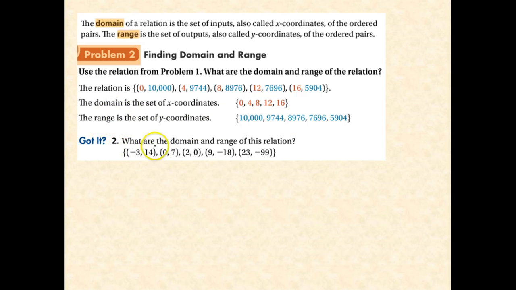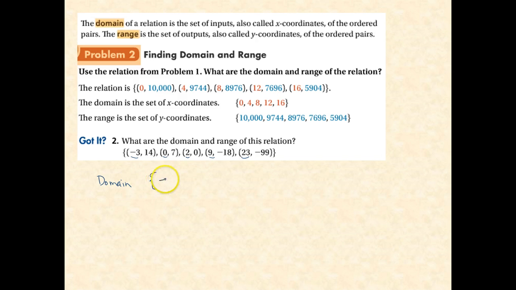Alright, so what are the domain and range of this relation? Alright, the domain is the set of all the x-coordinates. And we generally try to put them in order from least to greatest. So I got -3, 0, 2, 9, and 23.